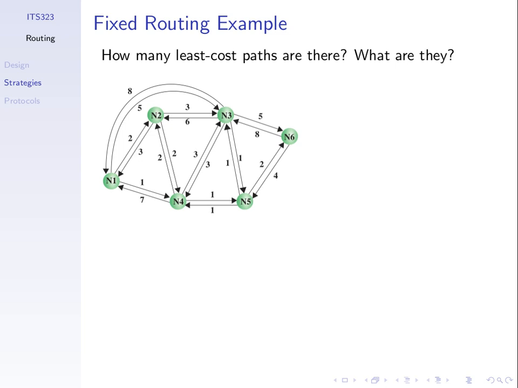And what are they? The simplest one is the first question, how many there are. What are they? Takes more time. Anyone with an answer? How many paths in this network? I want to be able to get a packet from any node to any other node.